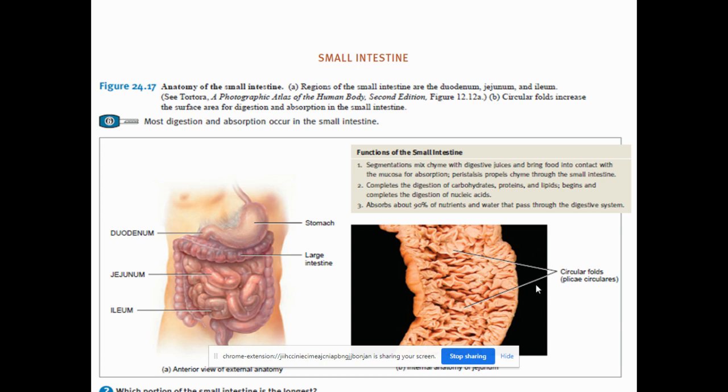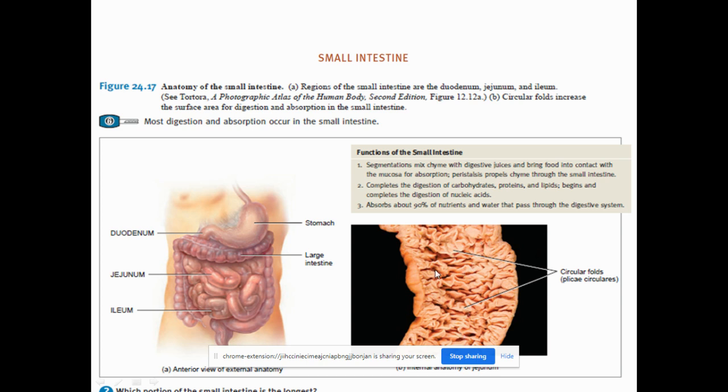So you can see there are many foldings in the lumen called the circular folds or the plicae circularis. Okay, circular folds or plicae circularis. So these foldings highly increase the surface area of the small intestine, and also the chyme which is flowing into the small intestine does not flow smoothly down.